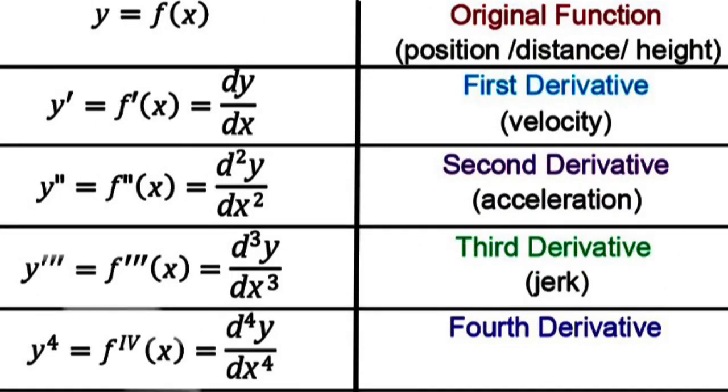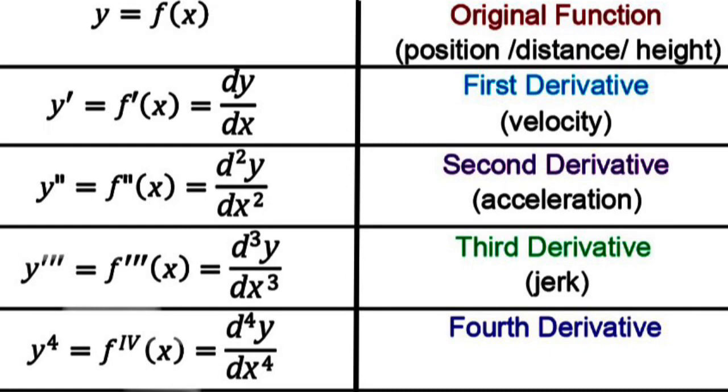Let us try to understand this concept a little more. So let us assume that your original function is y equals to f of x. An original function is nothing but the position of a particle, or distance, or height. So when we differentiate this original function, we get the first derivative, and that is nothing but velocity. It means that the first derivative is nothing but velocity.